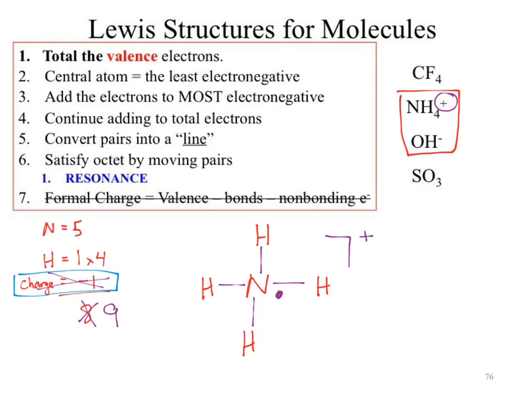How many electrons are around the nitrogen now? 9. What's our rule? 8. We have exceeded the octet. Can we do that? No. You are not allowed to exceed the octet. You definitely can't do it on nitrogen.